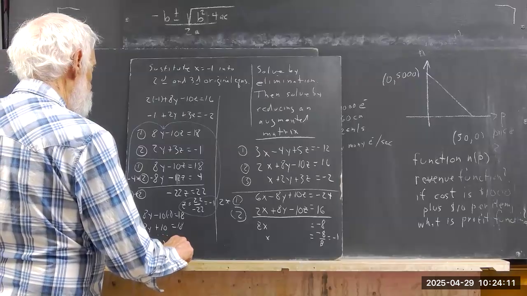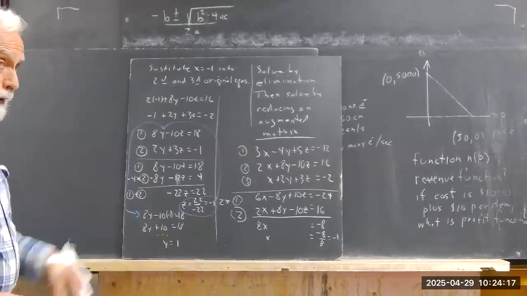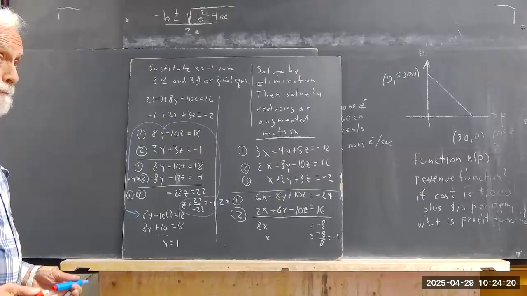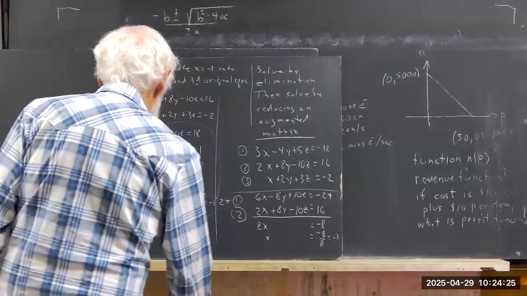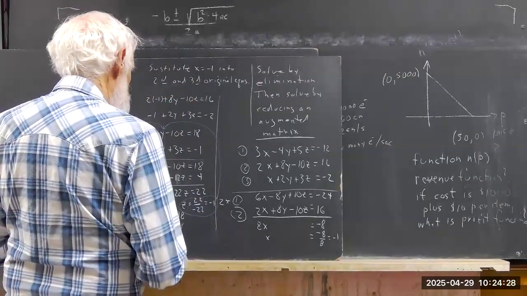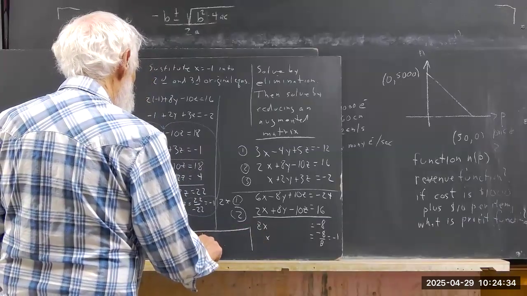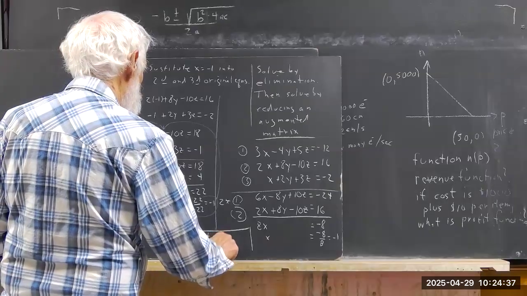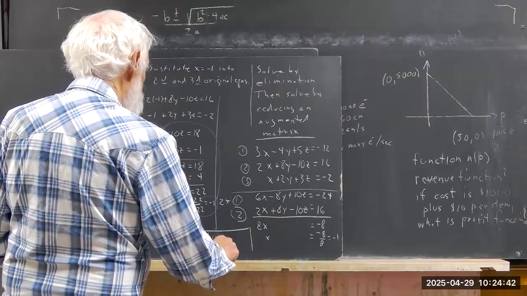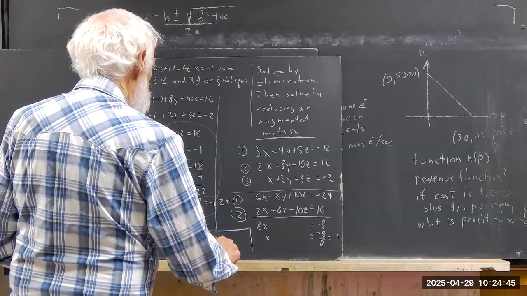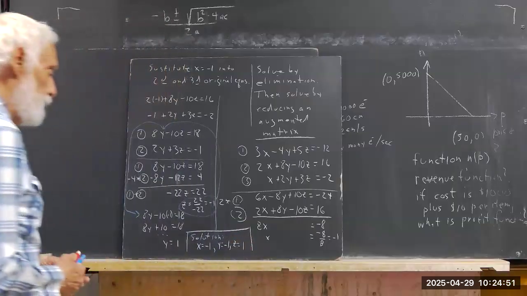We subtract the 10 from both sides, we get 8 on this side, divide both sides by 8, and we get y equals 1. So now we have our solution: x equals -1, y equals 1, z equals -1.